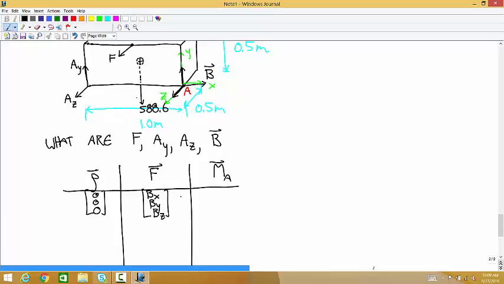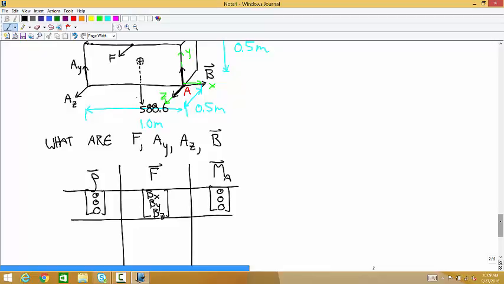If you take the cross product of those two, you get 0 moment. That's why you like the about point to be at the place with the most unknown forces, because you're always going to get no moment from those unknown forces, so they won't appear in the moment equation.